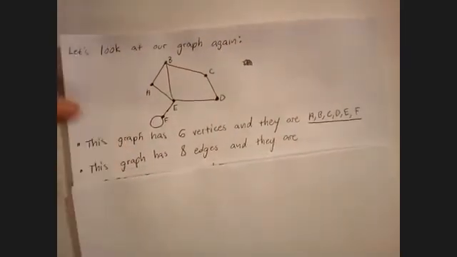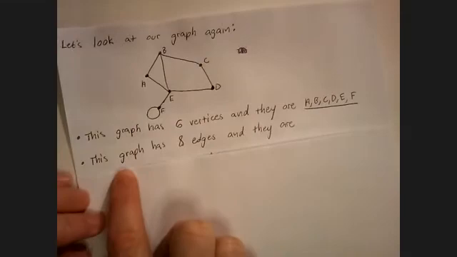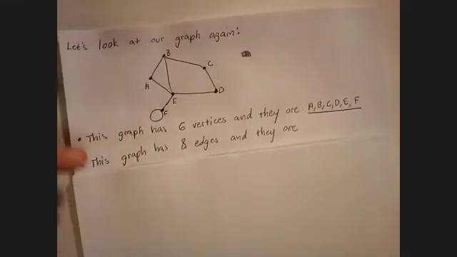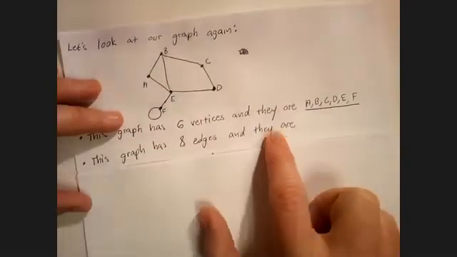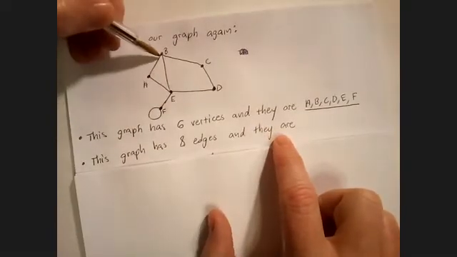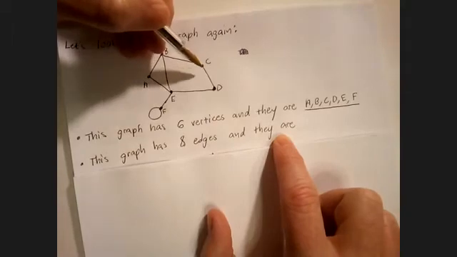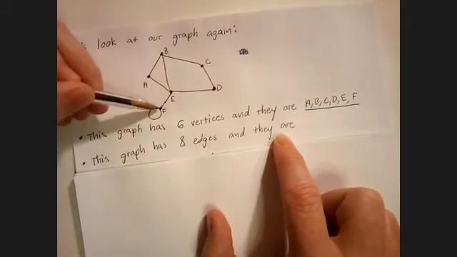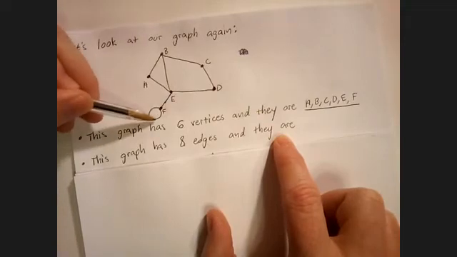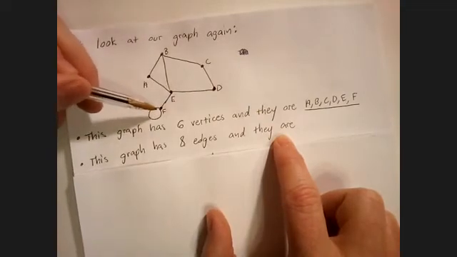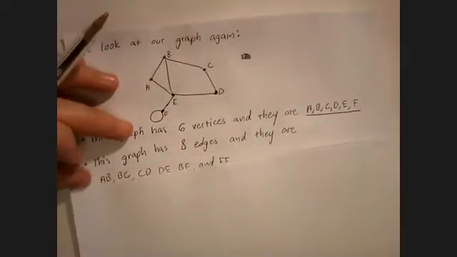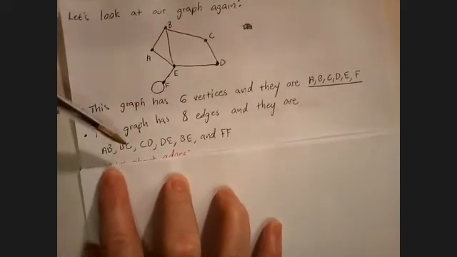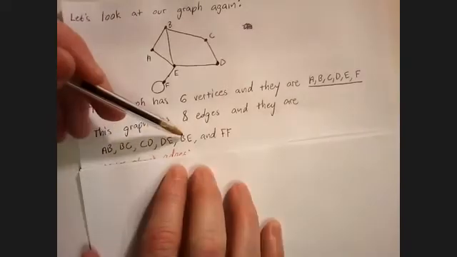The graph has 8 edges, and what I mean by an edge is AB, BC, CD, DE, BE, and FF. I'll show you how we label that.